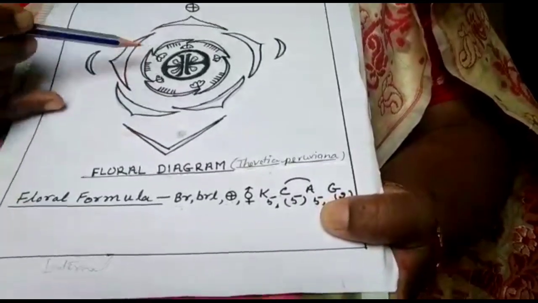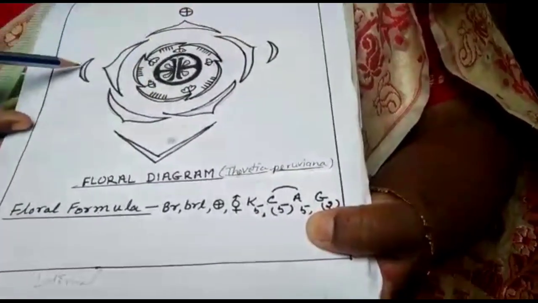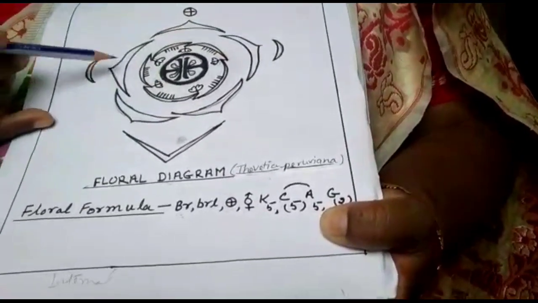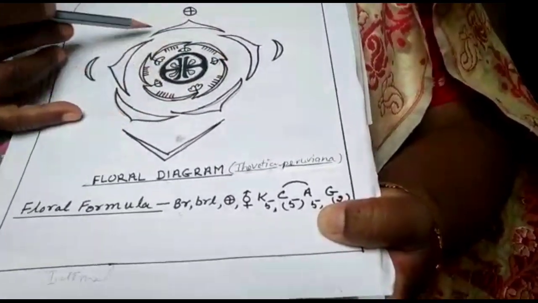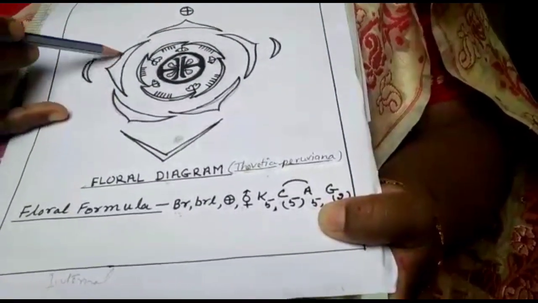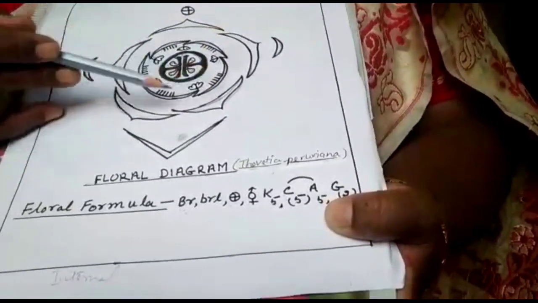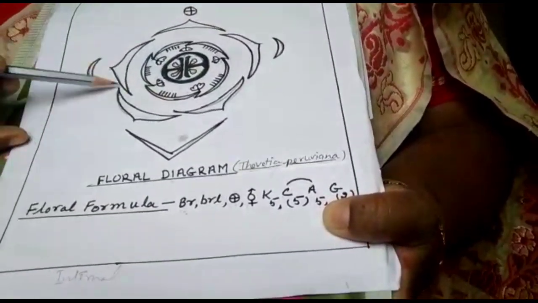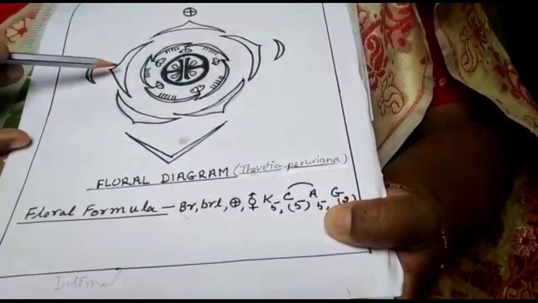One bract is present and 2 bracteoles are also present. These are 2 bracteoles. Then the outermost ring is for the calyx. Here sepals 5: 1, 2, 3, 4, 5. And sepals are free from each other. They are not united. So this condition is polysepalous.